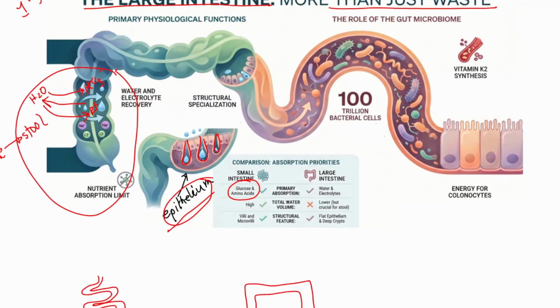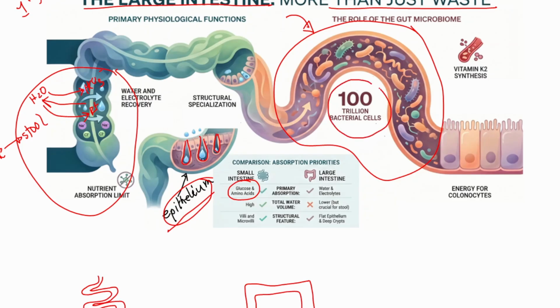Now that we have defined the boundaries of solute and water recovery, we must explore the incredibly active biological environment shown in this segment. And this segment represents the gut microbiome. We introduce a massive microbial community inside the deep crypts, housing a dense anaerobic ecosystem composed of 100 trillion bacterial cells, which mathematically tracks as an approximate population of 10 to the power 14 bacteria.